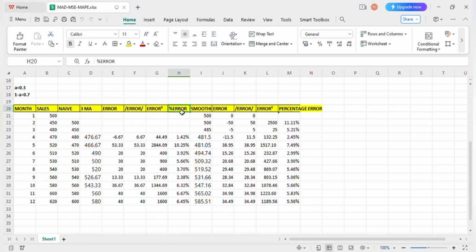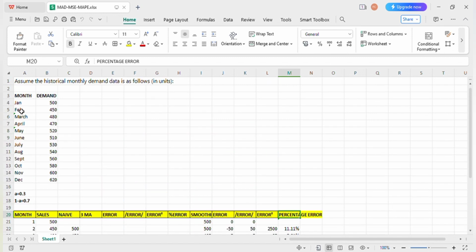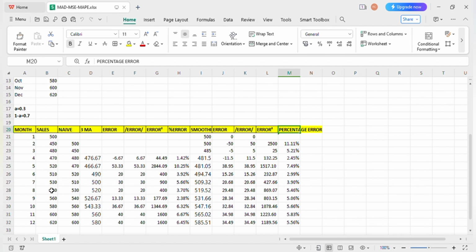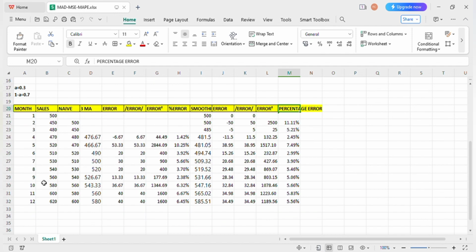We also have to find the exponential smoothing, and after that the error, the absolute error, the error squared, and the percentage error. From the given data, 12 periods all in all, we only write down the month and the sales, so this is our actual sales.